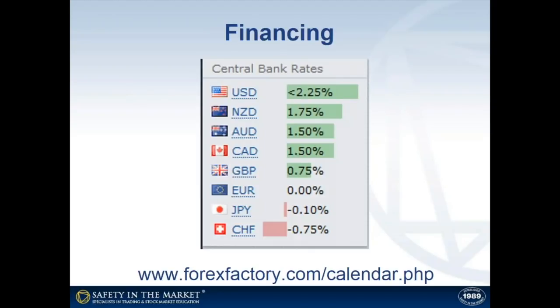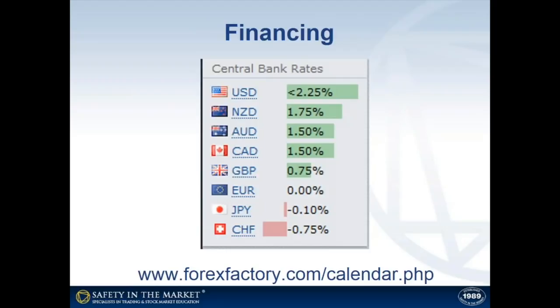Interesting when you look at that. Remember that I said you pay interest on your position at the interest rate of the currency that you sold, and you receive interest on your position at the interest rate of the currency that you bought. Have a think about currencies that you would like to buy, and have a think about currencies that you would like to sell.